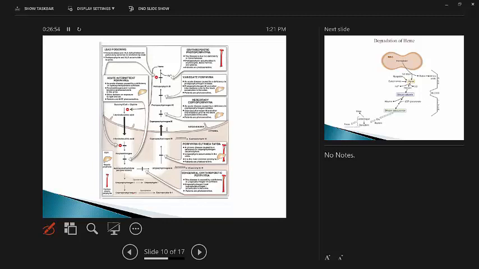This is porphyria cutanea tarda. Now, what I wanted to point out, patients that have this porphyria are not photosensitive. All the others, which are 2 through, all the others that go up, patients are photosensitive.